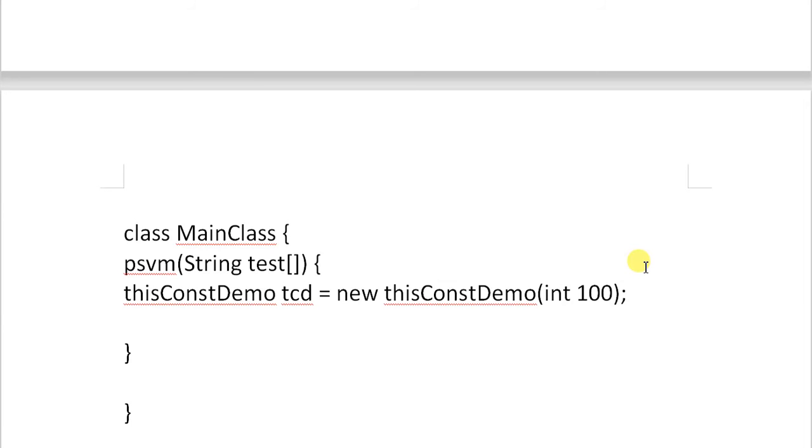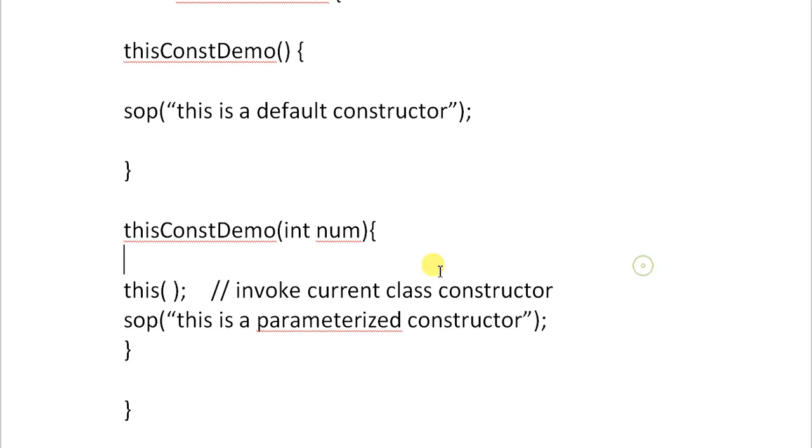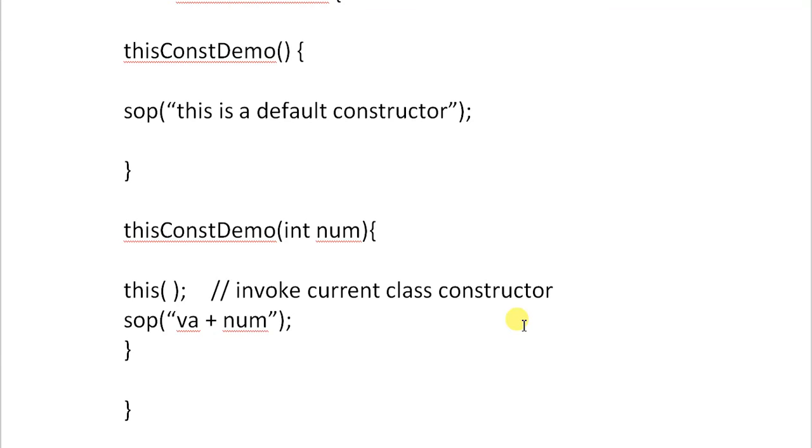It will take this 100 as the value of num. So here num will be 100. I will print the value of num. Yes, so here the output is 100, and this means this is a default constructor. The same thing will get printed. So what will be the output of the code?